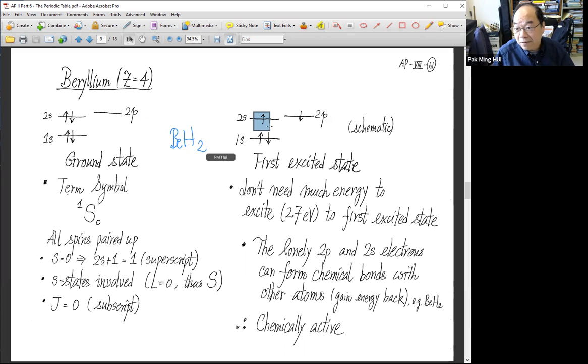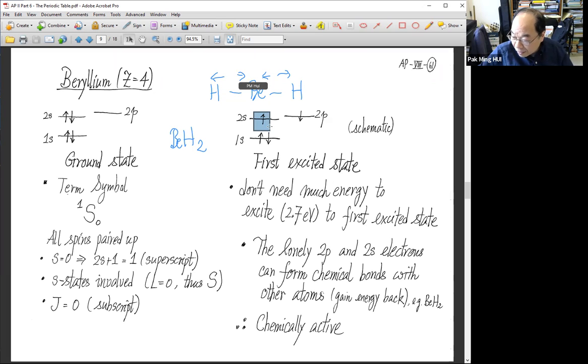This exists. Beryllium bond with 2 hydrogen, and it's a linear molecule. Okay, so it's something like H, beryllium, H. Okay, and then more interestingly, this length, so-called bond length, is the same as this.